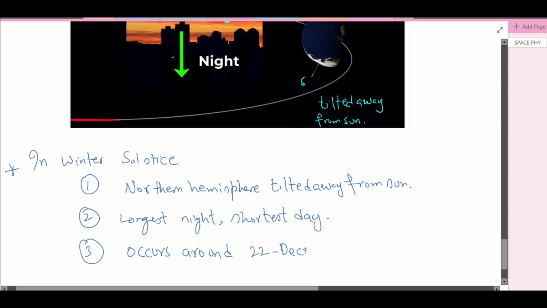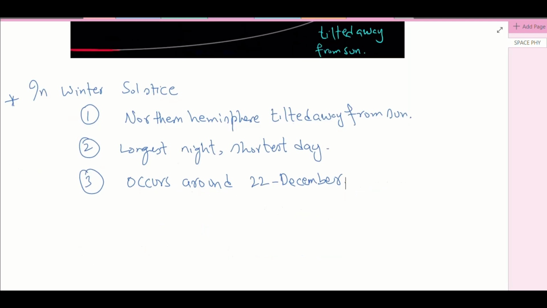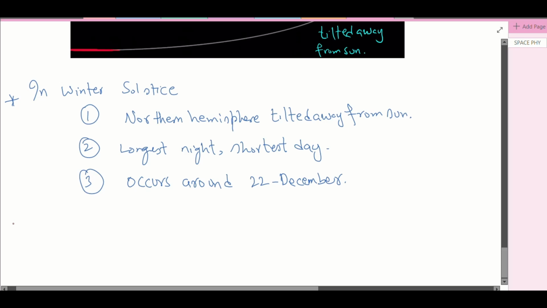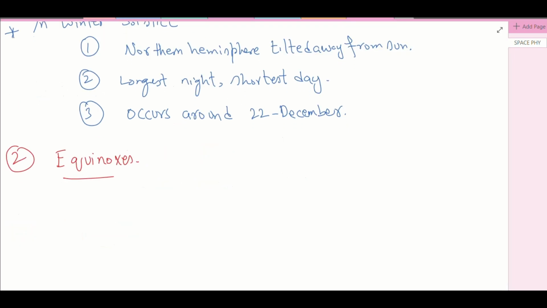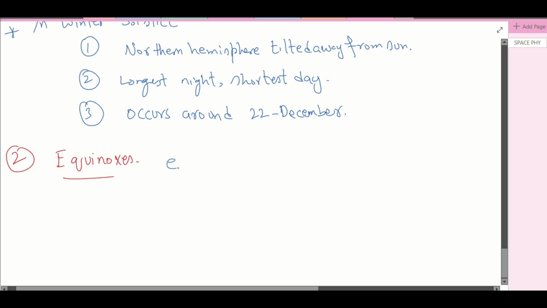The second terminology you will see in your book is about equinoxes. Equinoxes mean equal day and night. Here you have a 12-hour day and a 12-hour night.